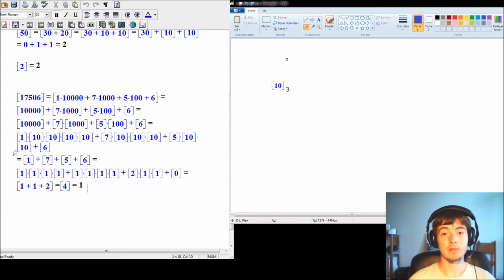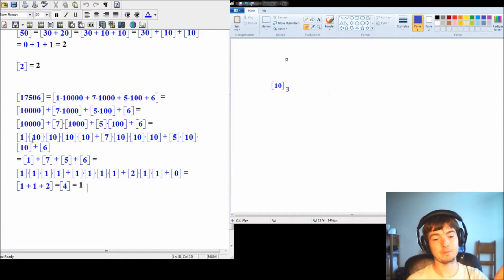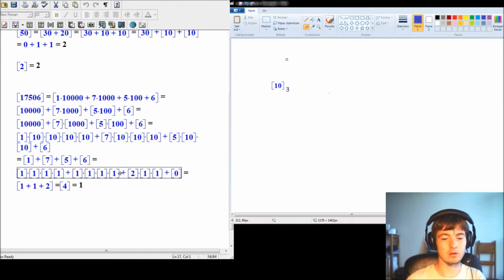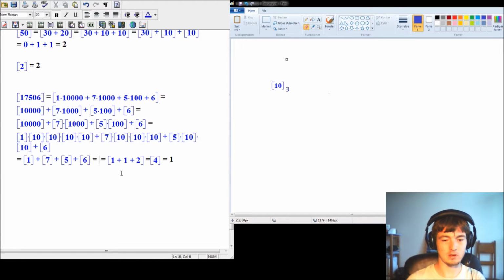Yeah, this is the important point: all these 10s, because they are all 1, as I already said, I can just skip them and write the numbers.